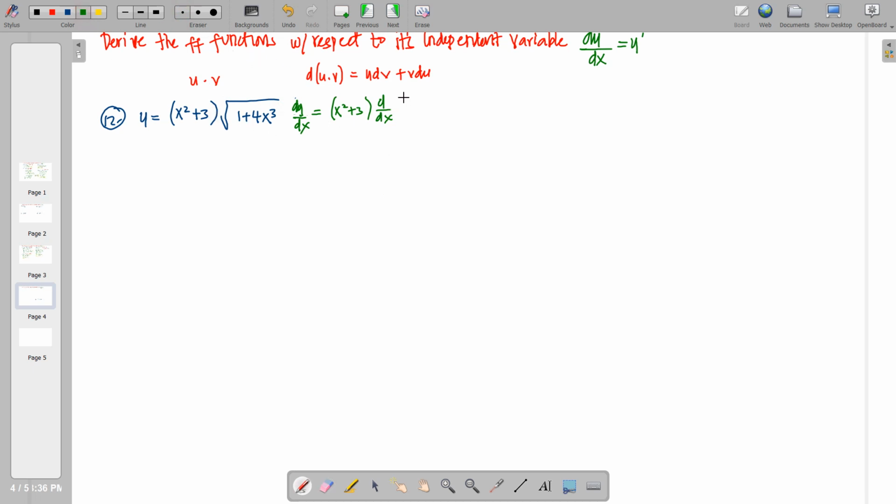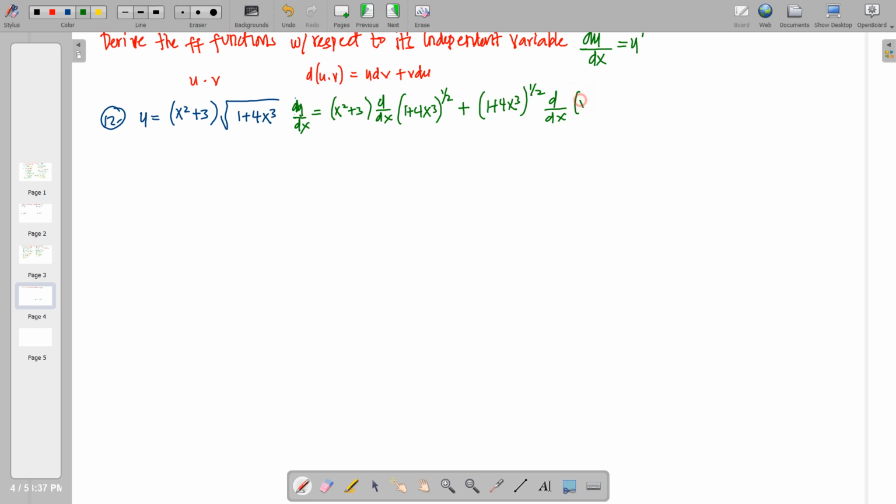Derive the second term. Perhaps we can rewrite this into power form or exponential form. This is raised to 1/2, and then plus v. What is v? Copy that, 1 plus 4x cubed raised to 1/2, and then just derive the first term.